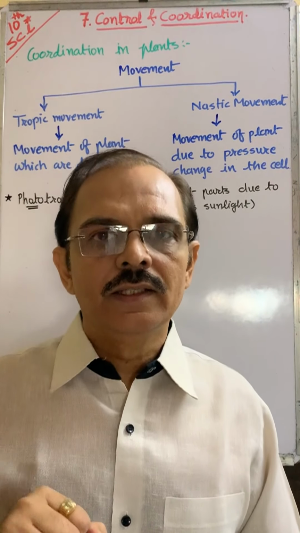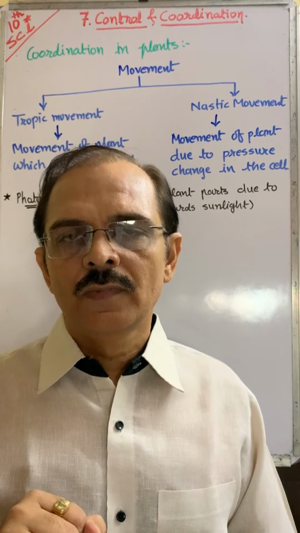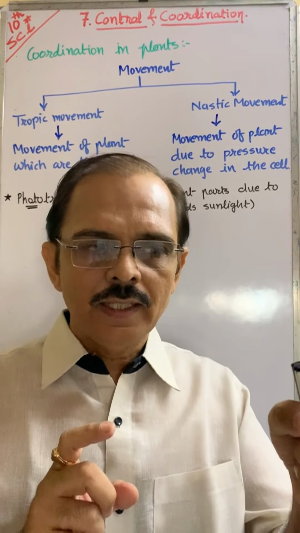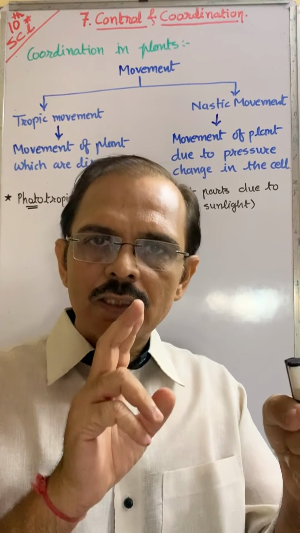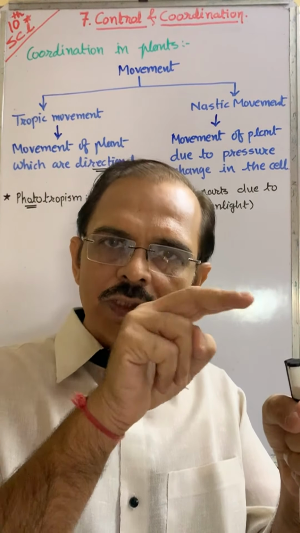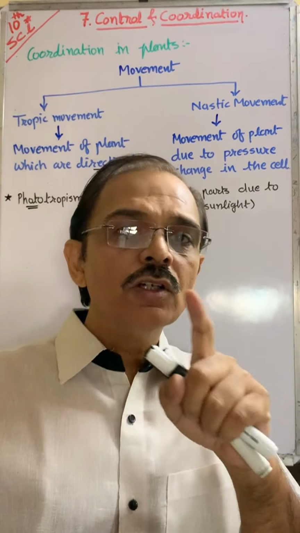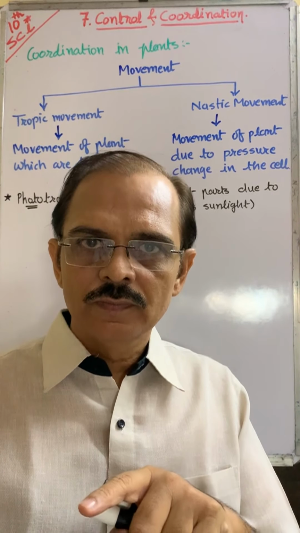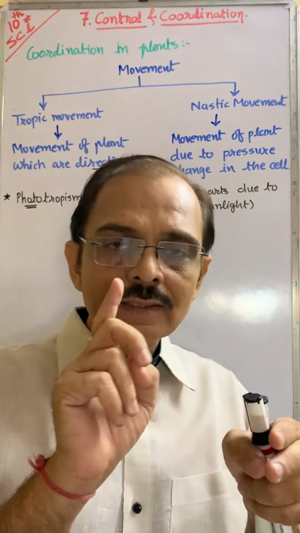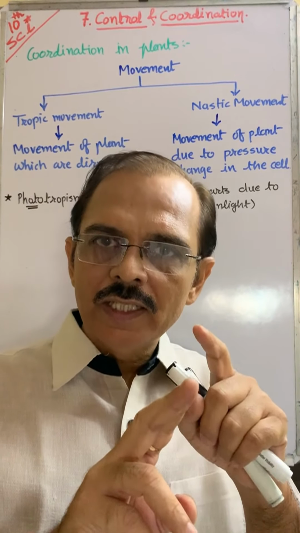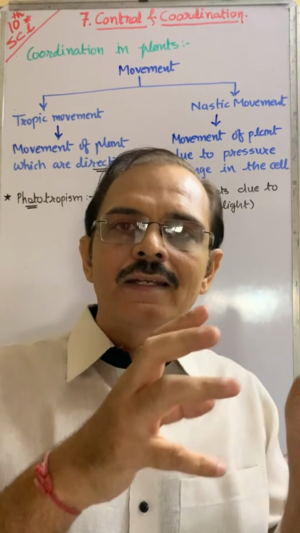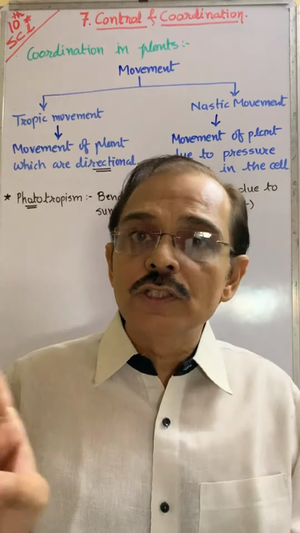Where there is light, at that place the tip of the plant moves towards the light. It is because of the auxin hormone. And it doesn't mean that auxin is produced in the tip and auxin has a great attraction towards sunlight. No, it is not like that.